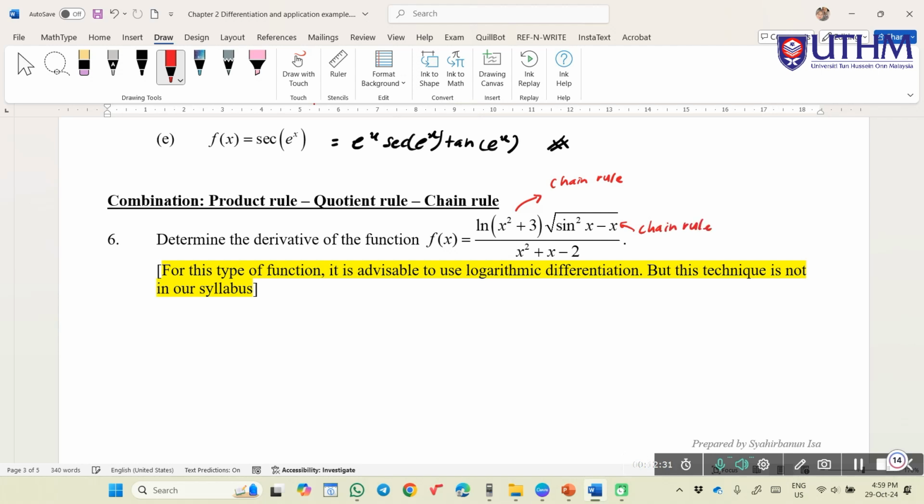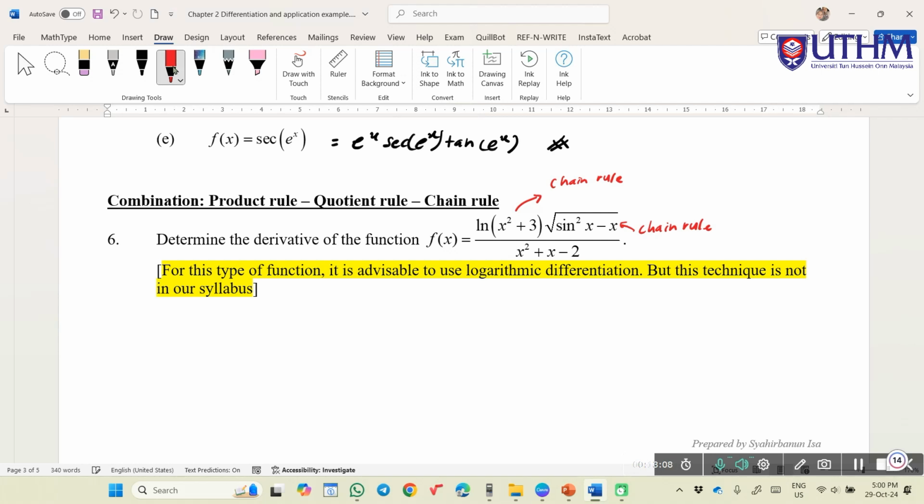However, because the function at the numerator is a multiplication of two functions, a product of two functions, while we use the quotient rule, we need to use the product rule in the quotient rule, and we need to use the chain rule in the product rule.